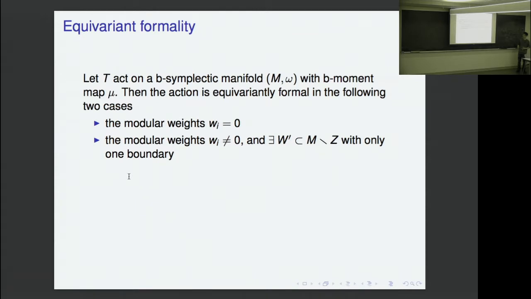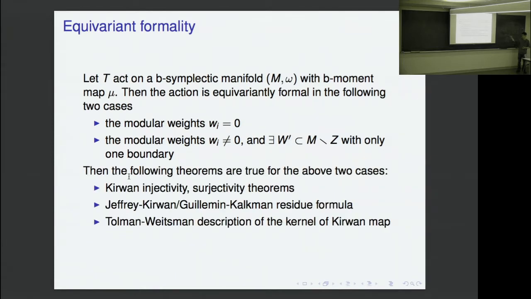And if we have this equivariant formality, then those famous theorems should also be true for the two cases. For example, the Kirwan injectivity, surjectivity, and then the Jeffrey-Kirwan residue formula, and also Tolman-Weitsman description of the kernel of the Kirwan map.